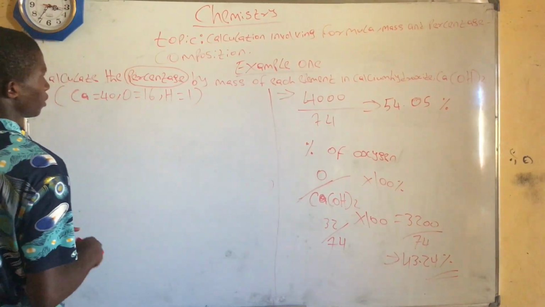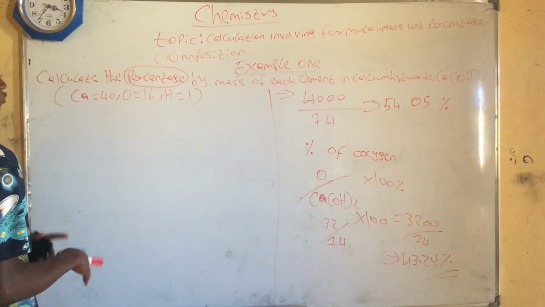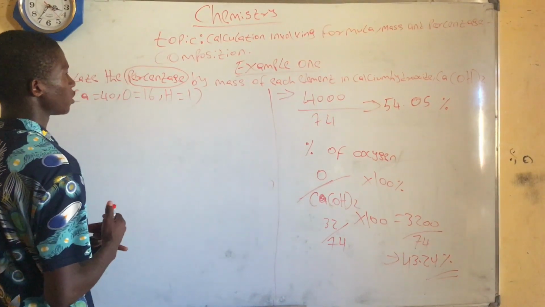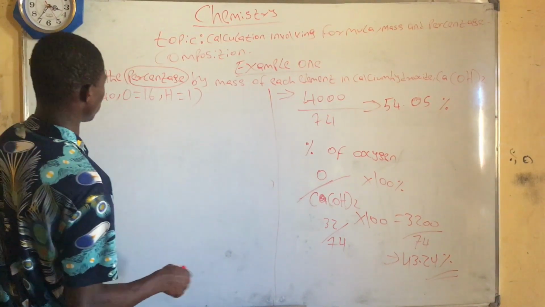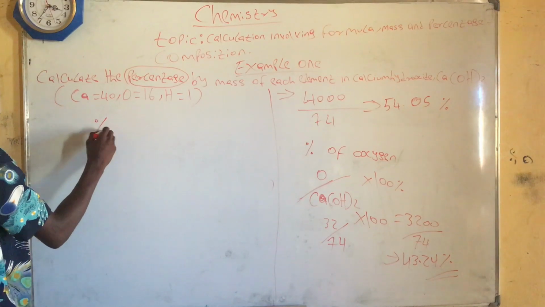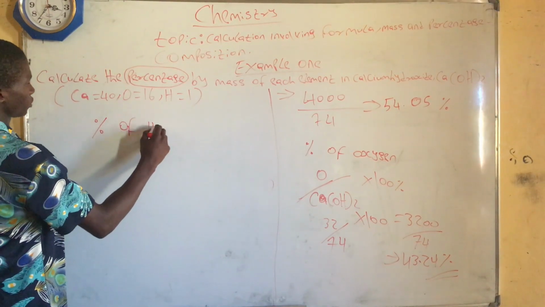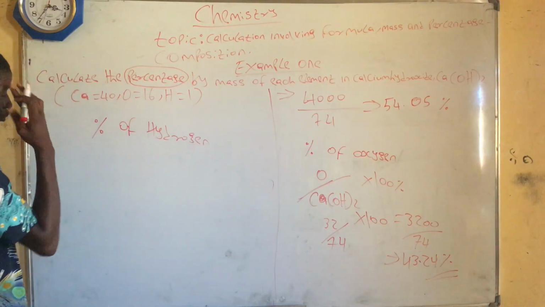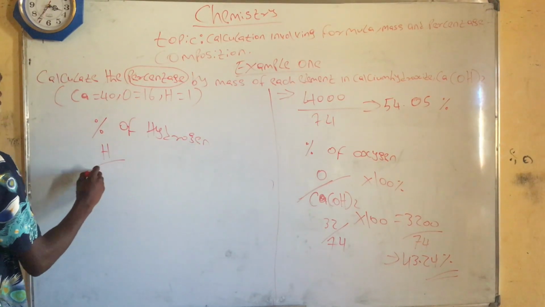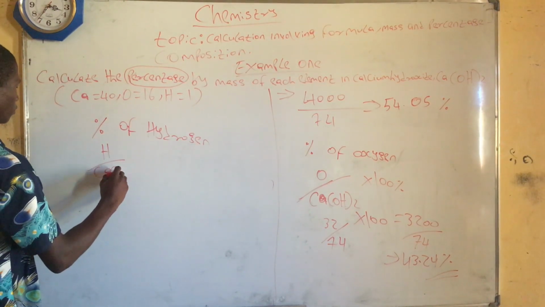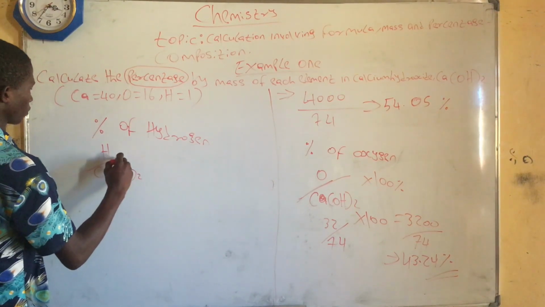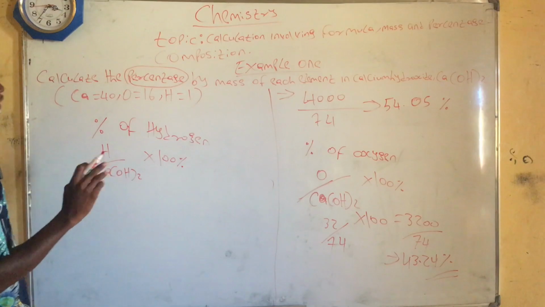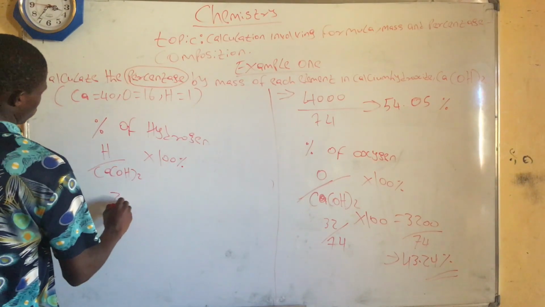Now we calculate the percentage composition of hydrogen. Anything they tell you to calculate in percent, you use this simple formula. So hydrogen over calcium hydroxide times 100%.